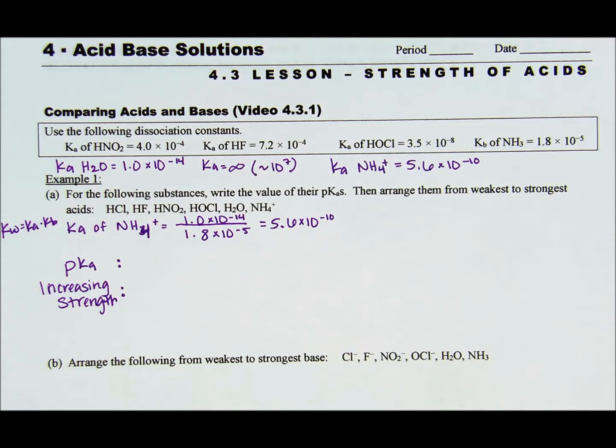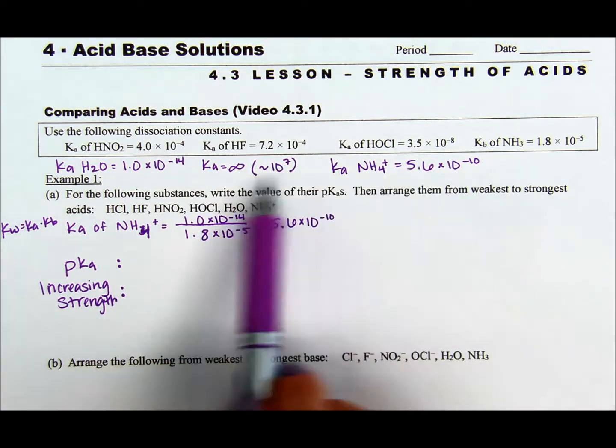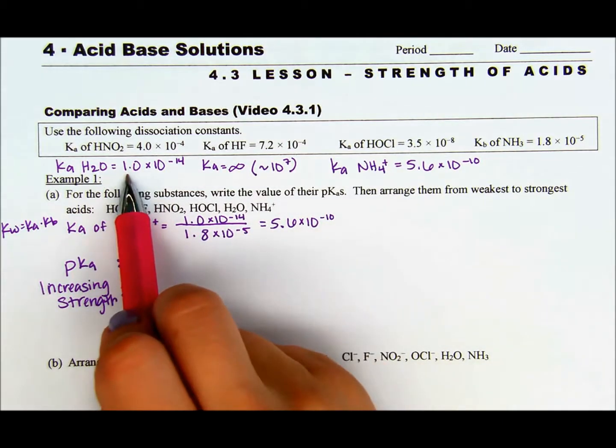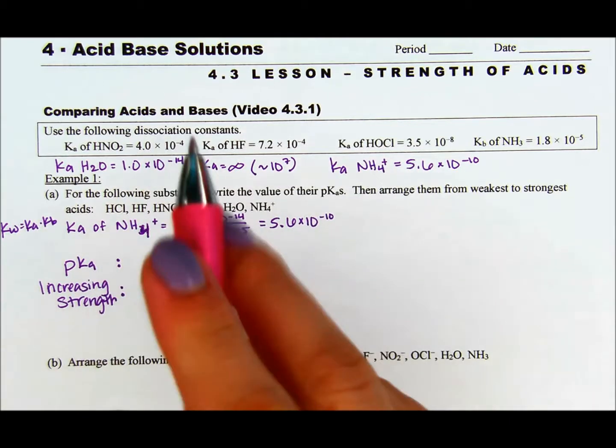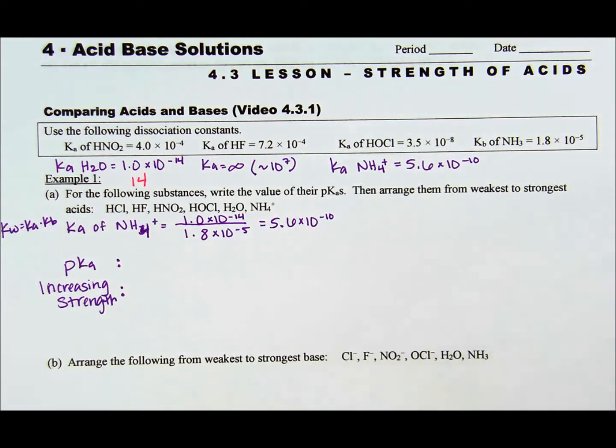Please take a second and find the pKa's for all of these Ka's, and then we're going to rank them. Remember, when you plug it in, it's negative log of whatever. For example, the negative log of 1.0 times 10 to the negative 14th, the pKa should be 14. So pause this and go ahead and find those pKa's.